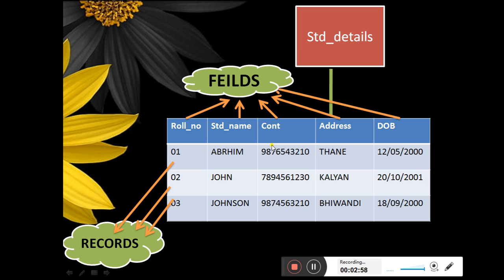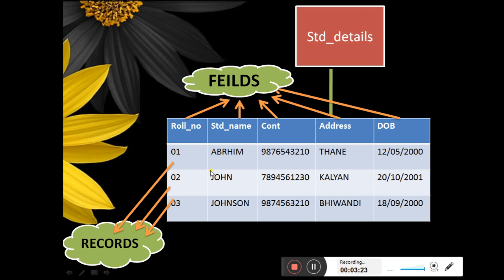In contact number again numbers. In address it will be alphanumeric, right? That means the user can enter the house number as well as the place name. And date of birth is of date and time type.